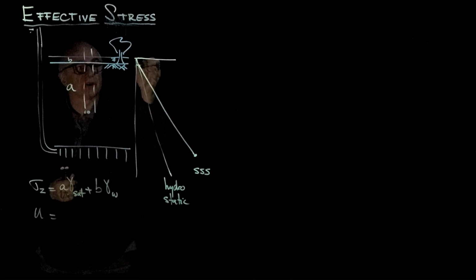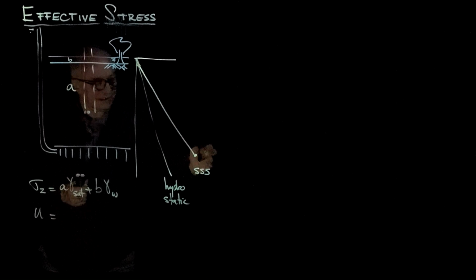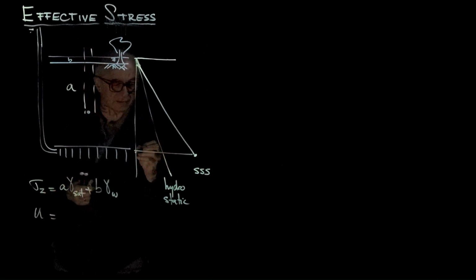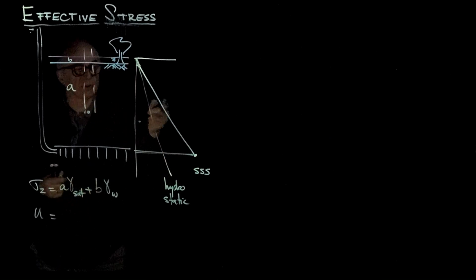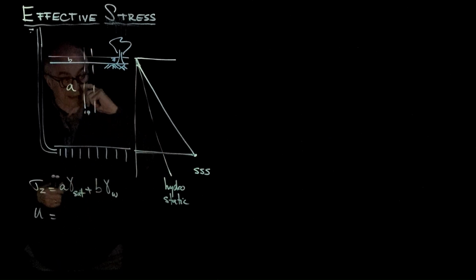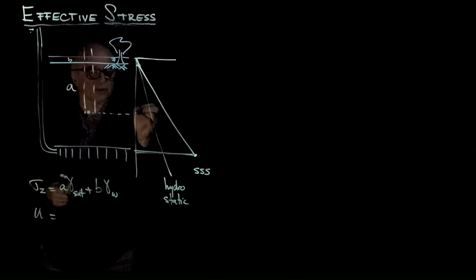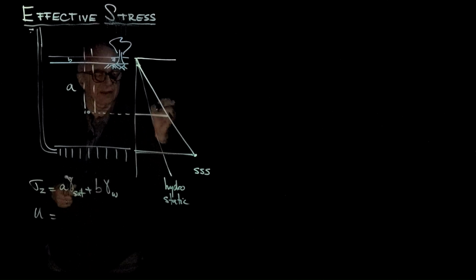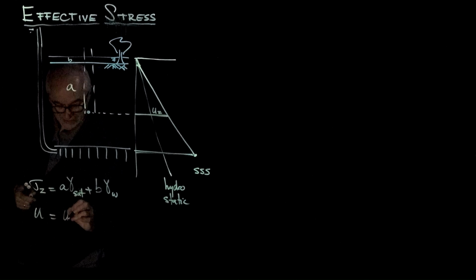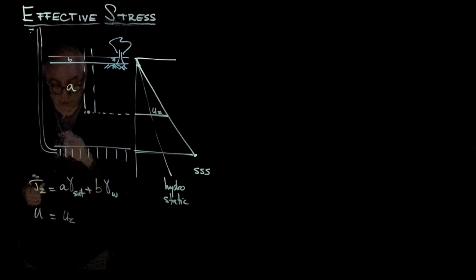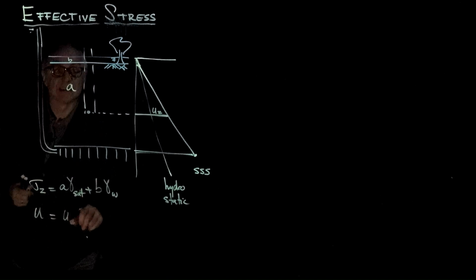So you have to start from this point, which is the hydrostatic case, plus the gradient of this line, which is starting from the Artesian pressure at the bottom, and do a triangular balance, then you will know what is the pressure at this position. And so let's call this pressure U at depth Z, at depth A plus B.